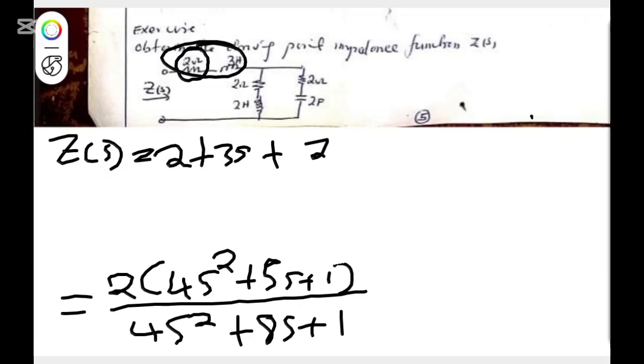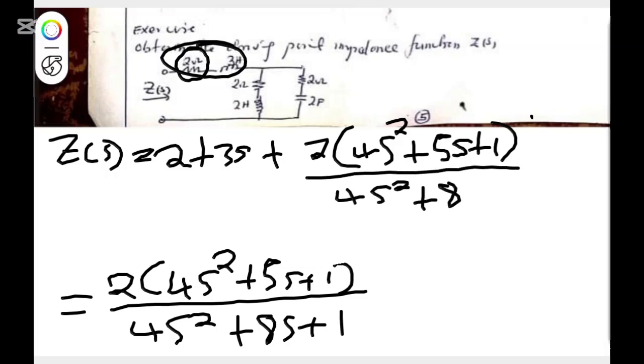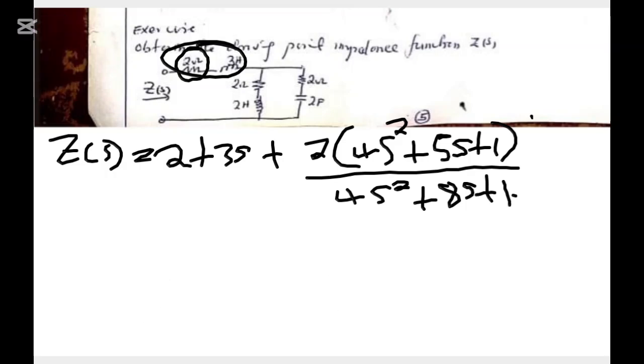It will now be 2, which is 4s squared plus 5s plus 1, divided by 4s squared plus 8s plus 1. So I have to delete this.